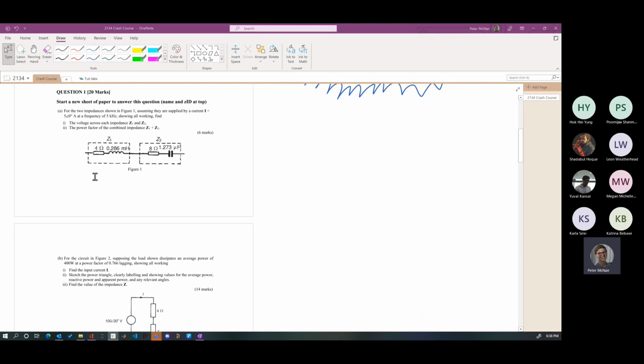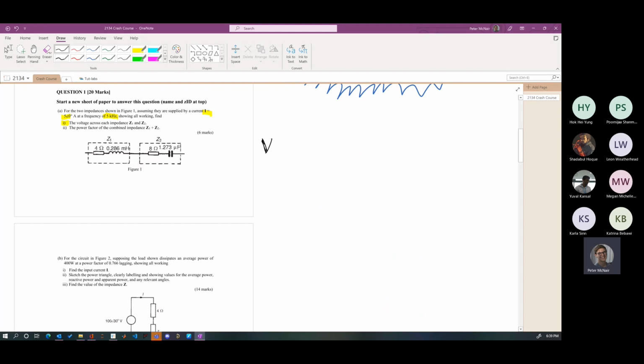Okay, so question 1 starts with impedances with an angle of 5 0 degrees. And the frequency that we're looking at, this is an important thing to note as well, is 5 kilohertz. So we're looking for the voltage across each impedance Z1 and Z2.